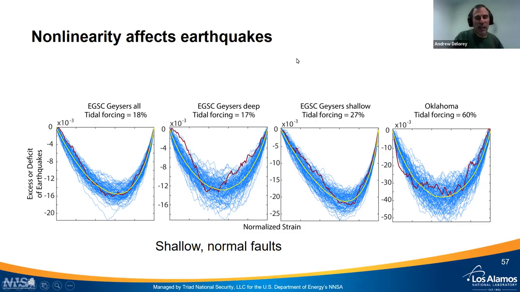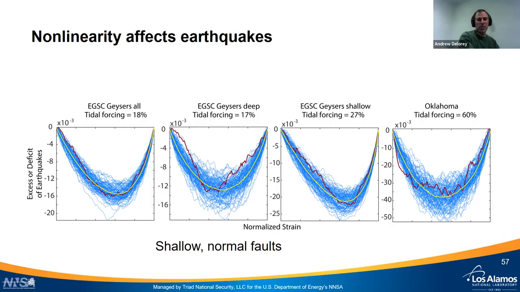So what I'm looking at here is that the red curve is the actual catalog. The blue are simulations, and the yellow is just the average of all the simulations of a Poisson catalog with different levels of tidal forcing. So the one that matches the Geysers for all of the earthquakes is 18% tidal forcing.